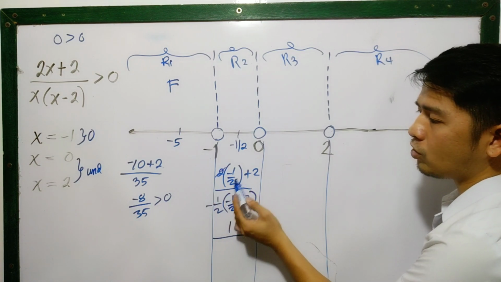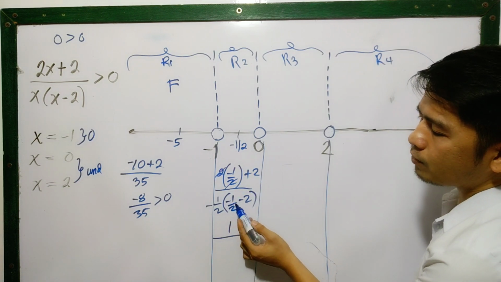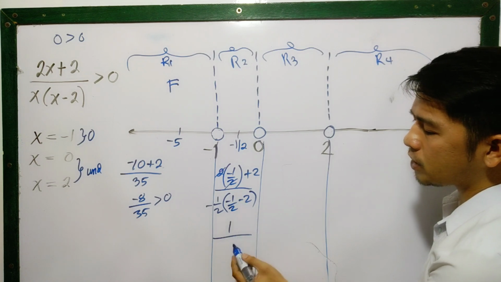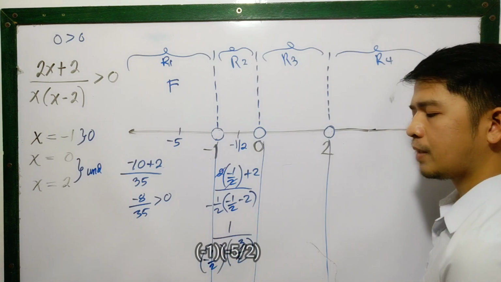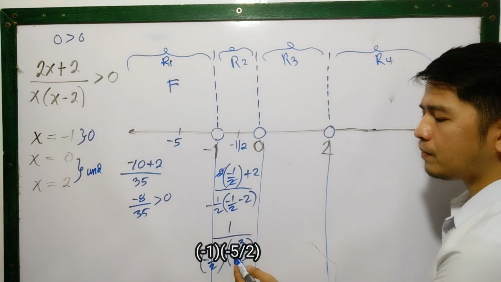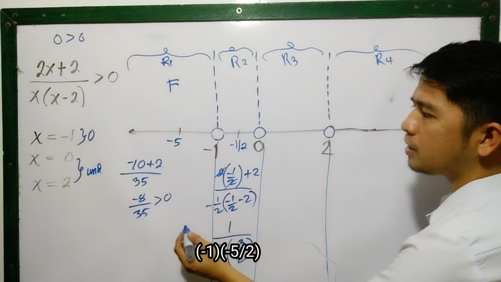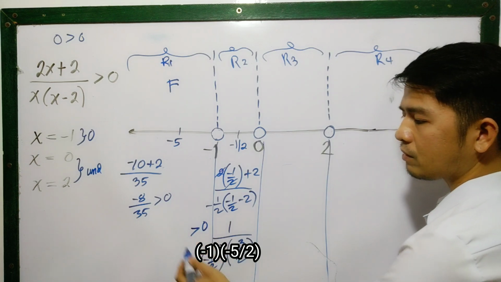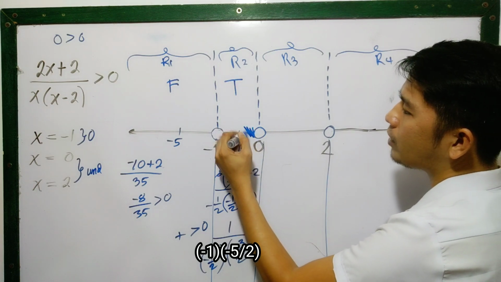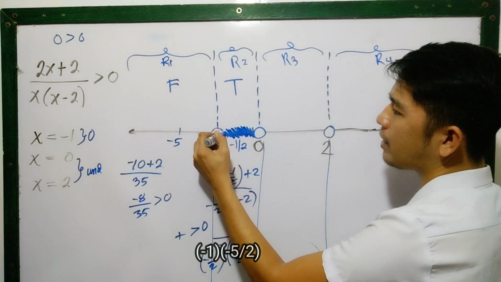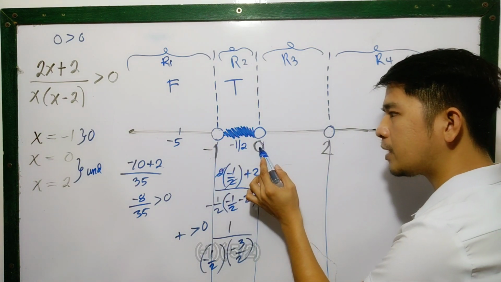Negative 1/2 minus 2 is negative 5/2, multiplied by negative 1/2. Negative times negative is positive. So, magiging positive na siya talaga. Is a positive number greater than 0? Yes. So, therefore, this is true. So, this is one of the solutions. Ito yung isa sa mga region na kasama sa solution natin. Hindi kasama si negative 1 and except din kay 0.